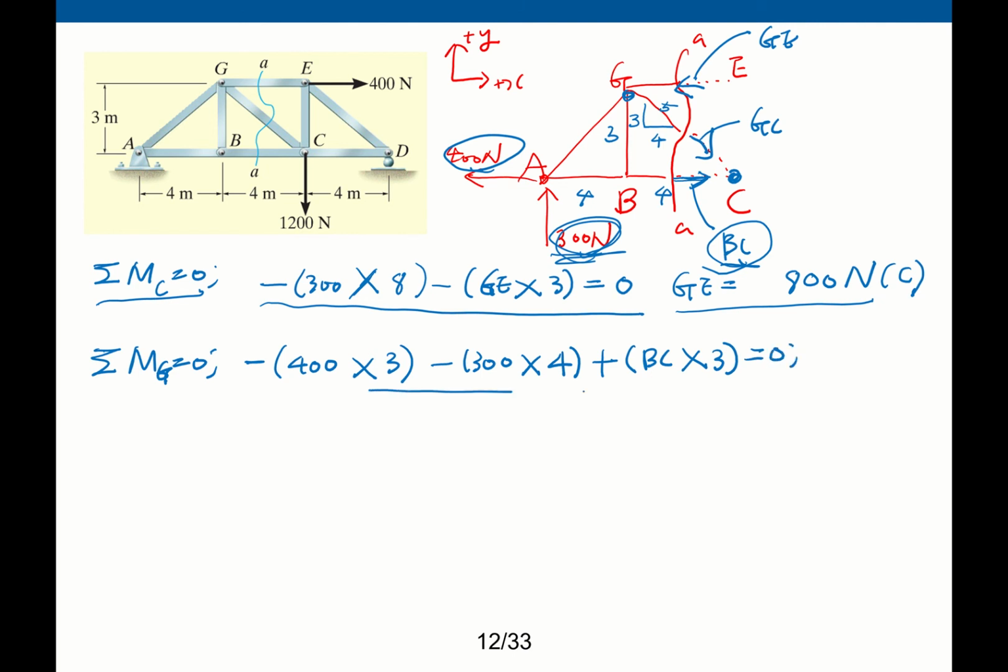So from this equation, we can directly find BC is 800 Newton, and this one is a positive sign. So that means, since we assumed member BC in tension, this one is in tension.